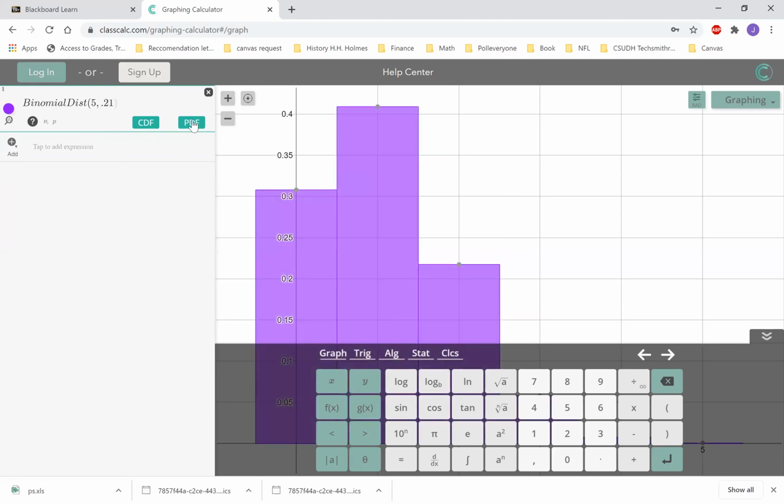We're going to do PDF right now because we want to find when x is exactly 3, so you put 3 right here. And you get 0.05779. So we'll say 0.0578. All right, and that's it for part A.